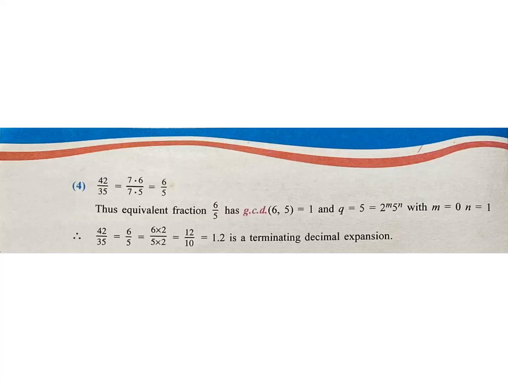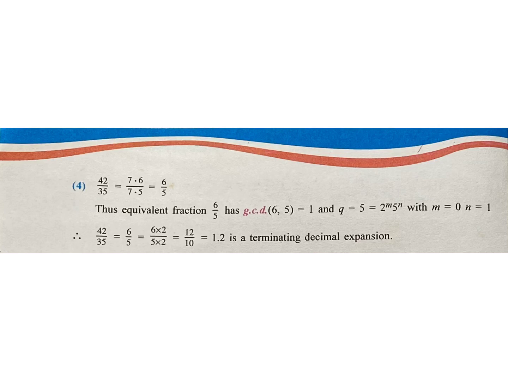Next is 42 by 35. We will obtain its simplest form first, that is, 42 can be written as 7 into 6 and 35 can be written as 7 into 5. So its simple form is 6 by 5. When we compare it with p by q, we get q equal to 5, which can be written as 5 raised to 1 into 2 raised to 0. So here q can be represented in the form 2 raised to m, 5 raised to n.